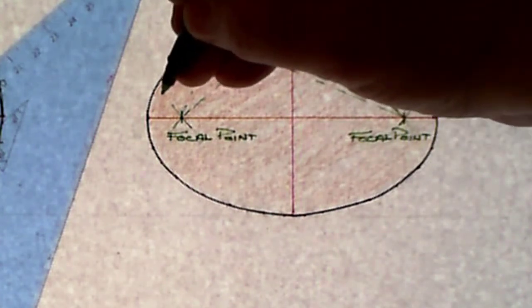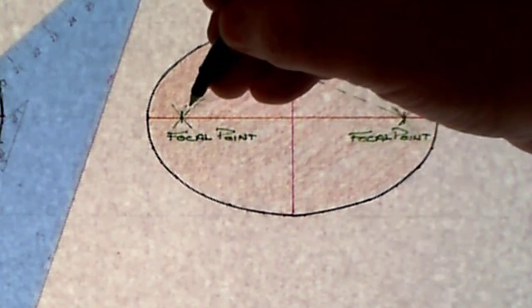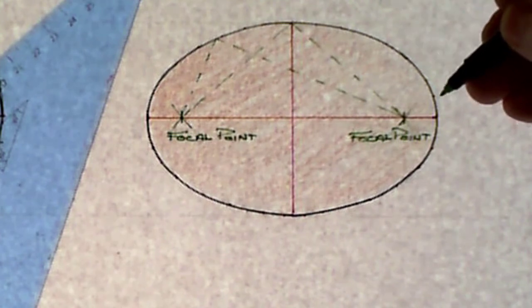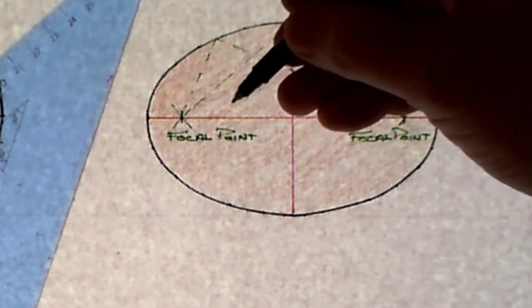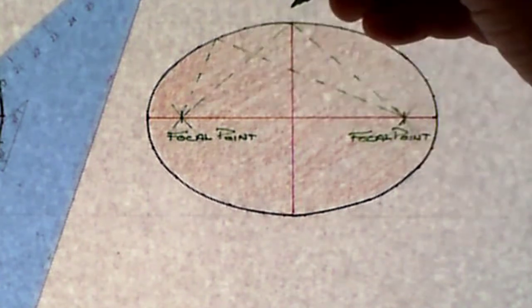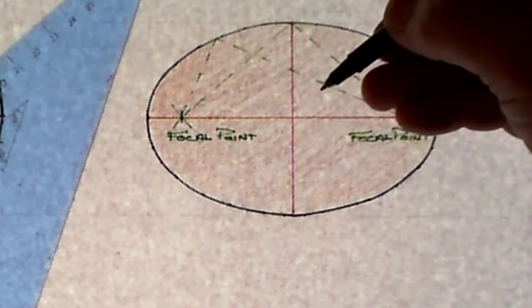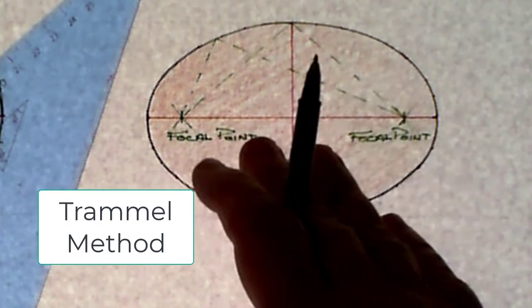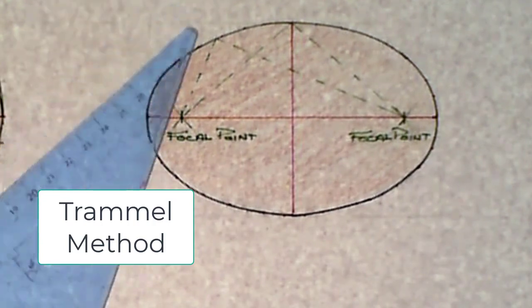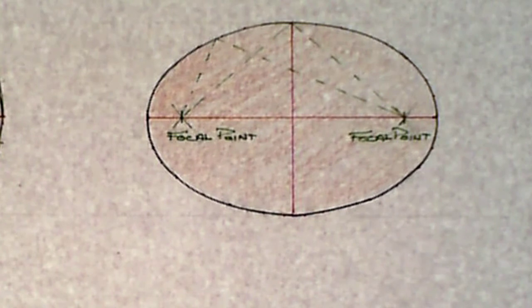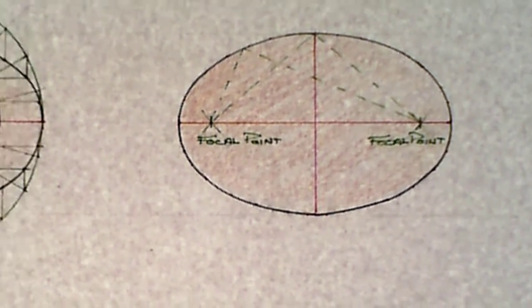So I can do a series of different triangles as long as I keep from focal point, right, to any point along this elliptical arch here, and it will give me the same length of any of these triangles. These two sides in the triangle will be the same length for any of the triangles there, okay? So that's the Trammel method.